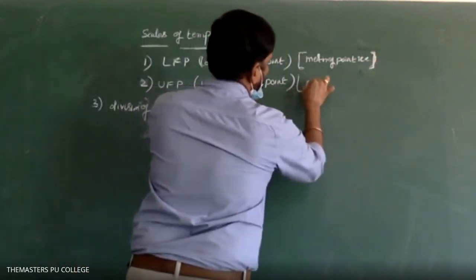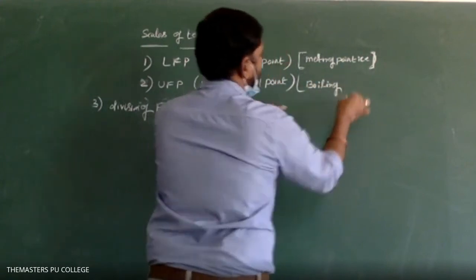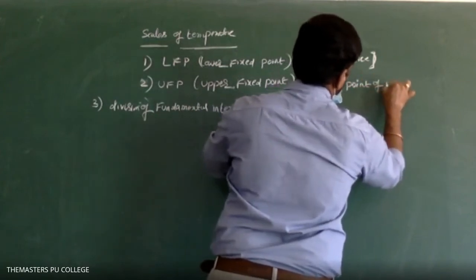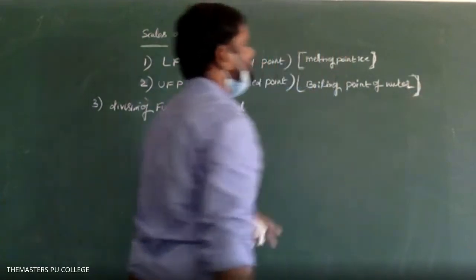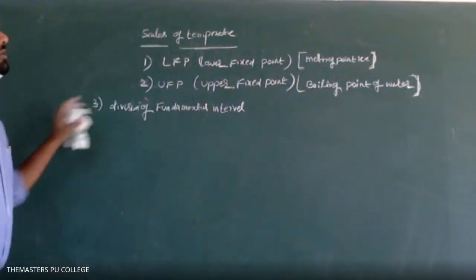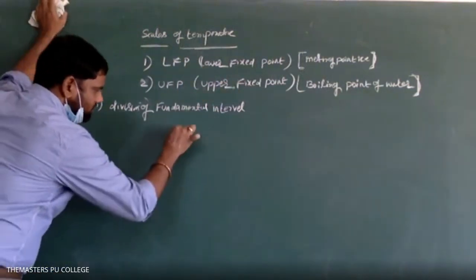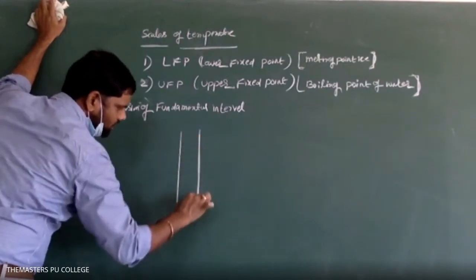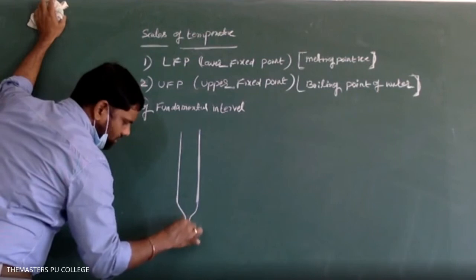Next one is the boiling point of water. The boiling point of water can be taken as the upper fixing point. How to mark them? Let us see this with an example. So this is a thermometer, in which the mercury is there.